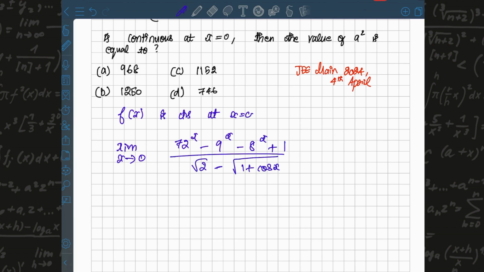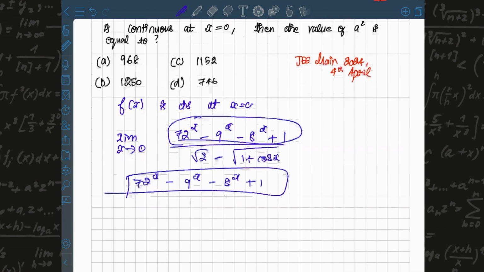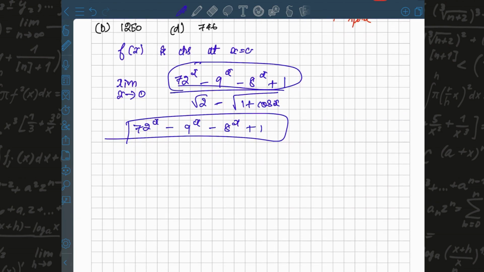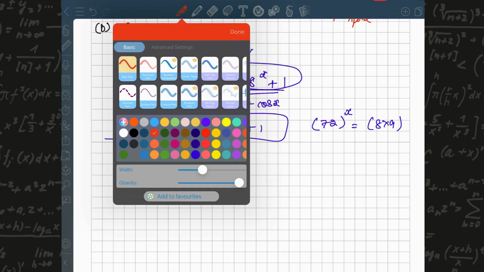First let's solve the numerator part, 72^x minus 9^x minus 8^x plus 1. You know this property, even though I am telling it. We can write 72 as 8 into 9. Why am I taking 8 into 9?